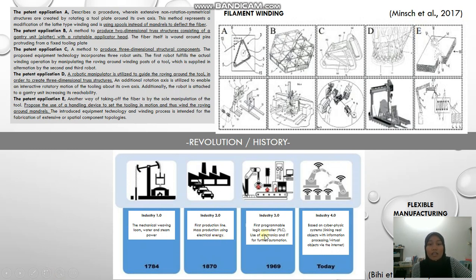And then for the third industry, the first programmable logic controller, use of electronics and IT for further automation. And then last but not least is Industry 4.0, based on cyber-physical systems, linking real objects with information processing or virtual objects through the internet.